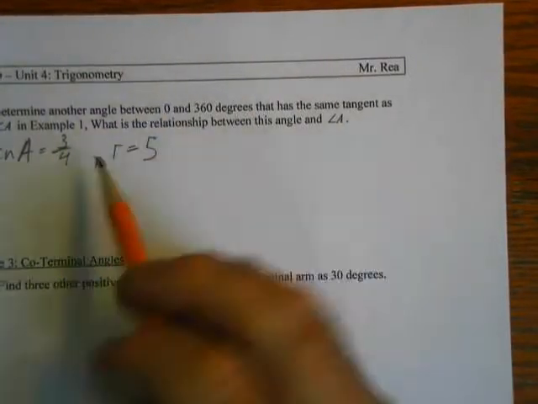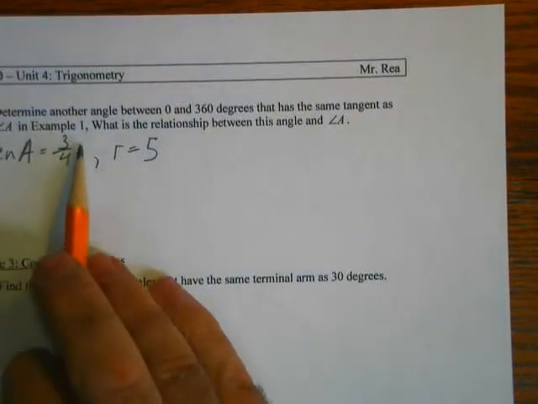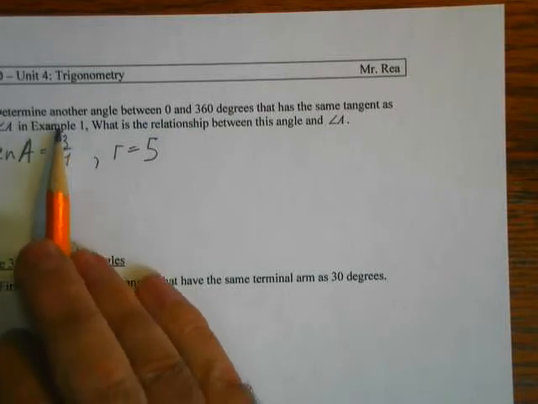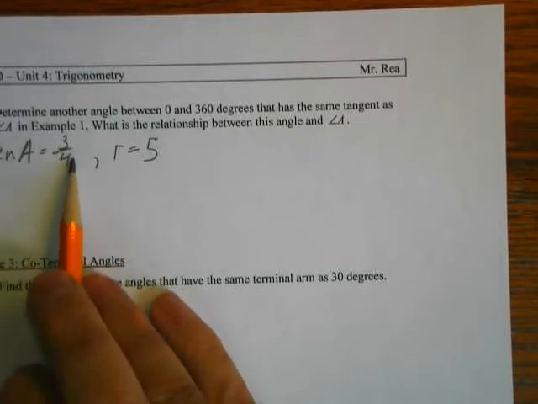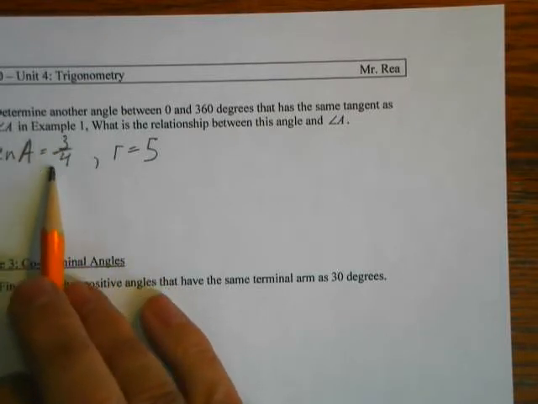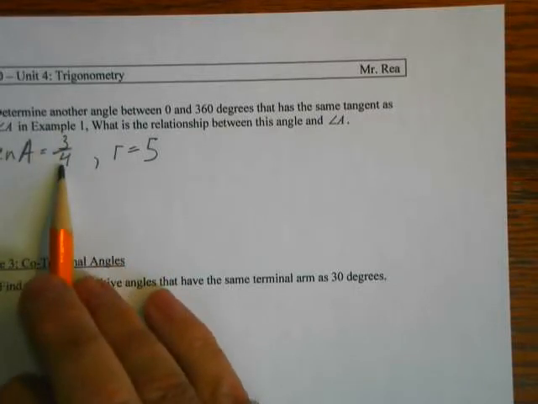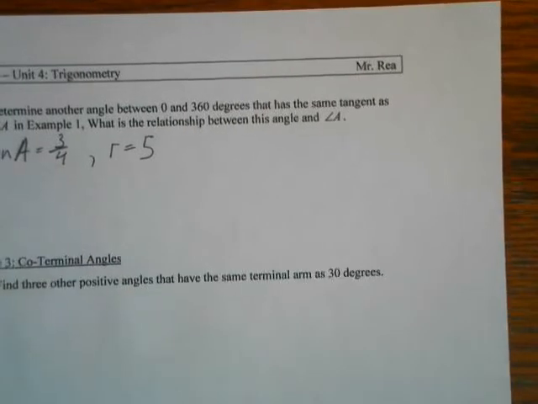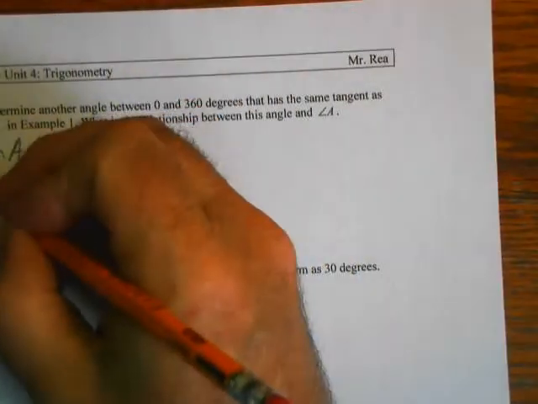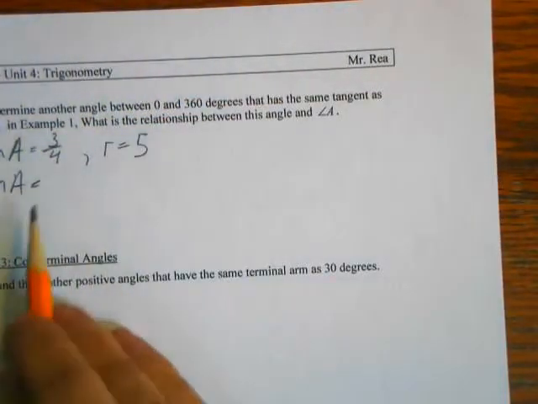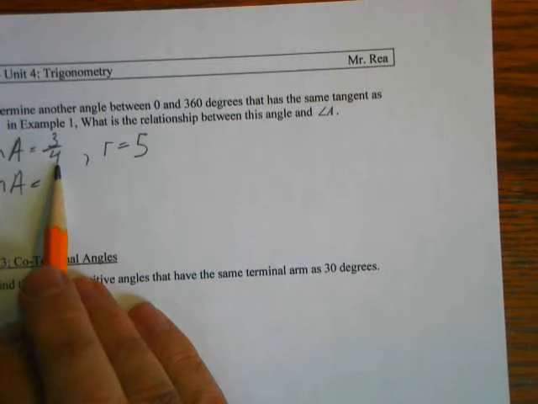In this case, we don't have an r in the tangent ratio. It's y over x. So this could be true if y was positive 3 and x was positive 4, that would work. But also if y was negative 3 and x was negative 4, that would also reduce to 3/4. So this is where the dilemma comes. We already worked with the positive 3 and positive 4 when we started example 1.